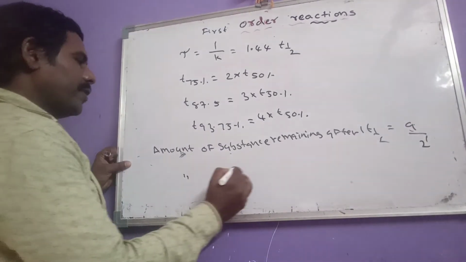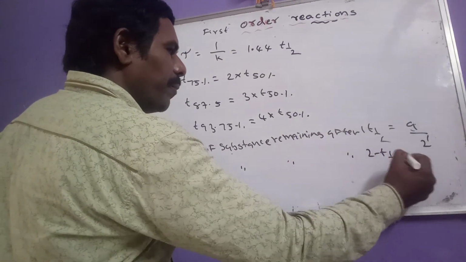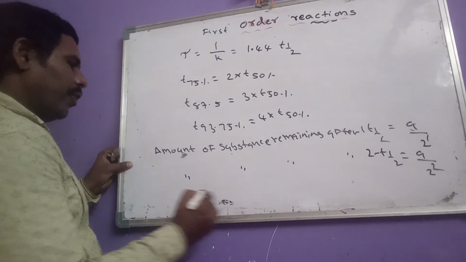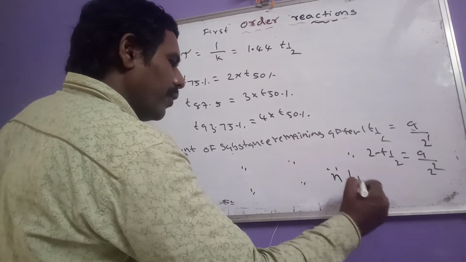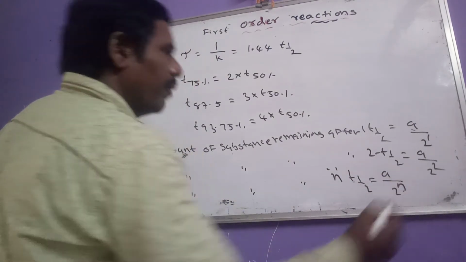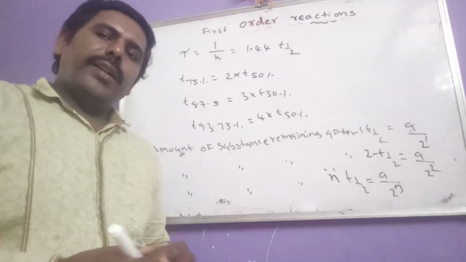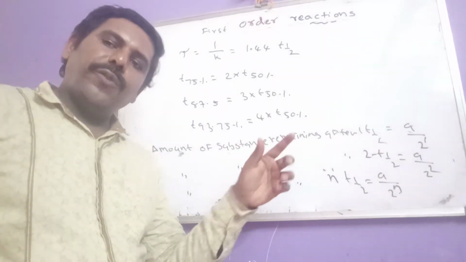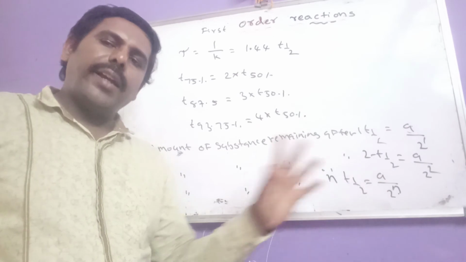After 2 half-life periods, A by 2 power 2. And the amount of the substance remaining after n half-life periods is initial concentration by 2 power n.